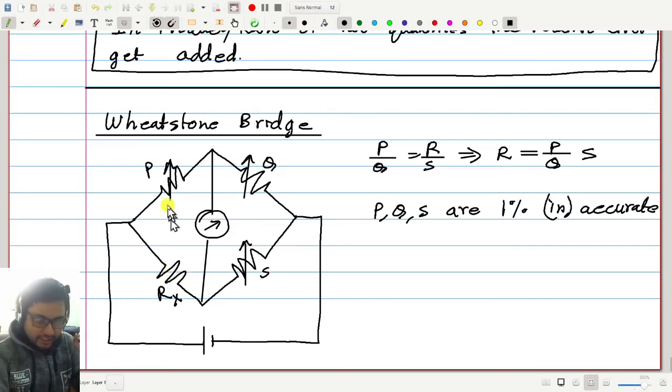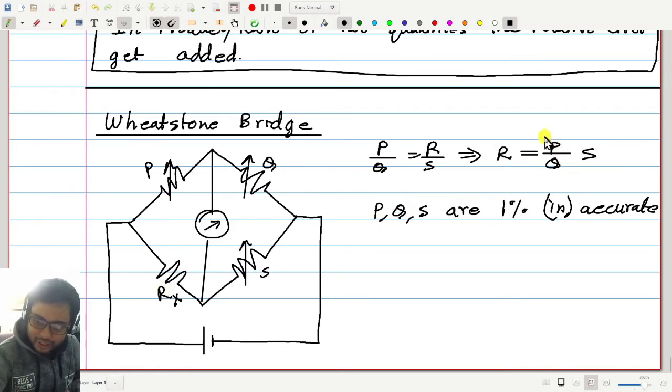Can we say, since all our resistances are 1% accurate, our uncertainty or error in measurement of Rx is also 1%? Is it so? 3%. Excellent. Thank you.